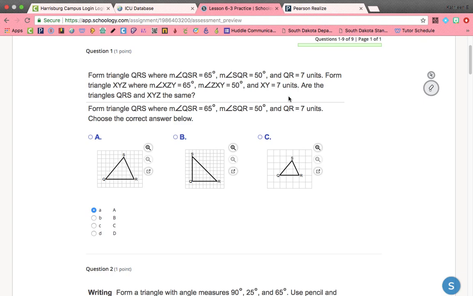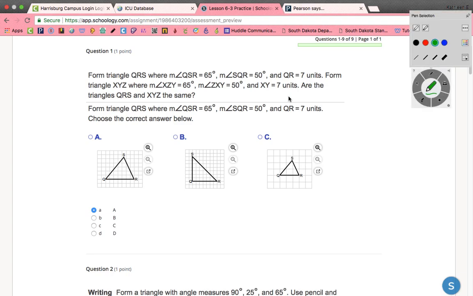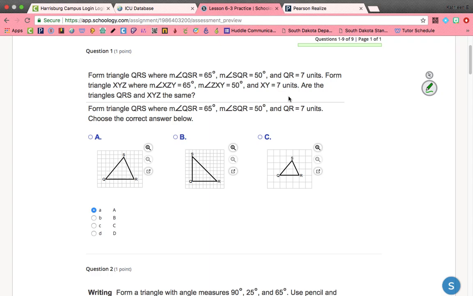All right, so this one says, form triangle QRS where measure of angle QSR is 65, measure of angle SQR is 50, and QR is 7. Okay, which of these 3 triangles are going to give me that? Well, I know for sure that this one's not. Okay, why is it not?